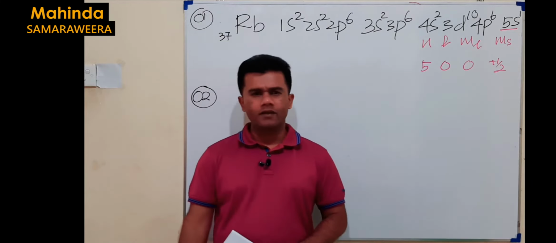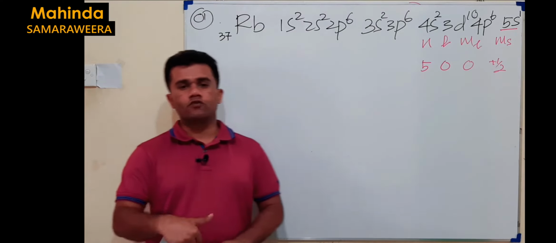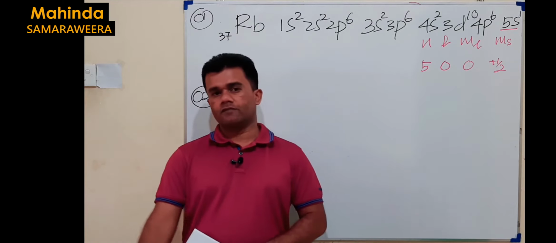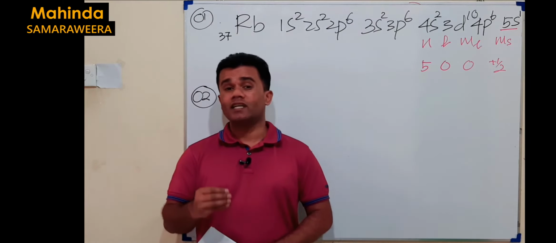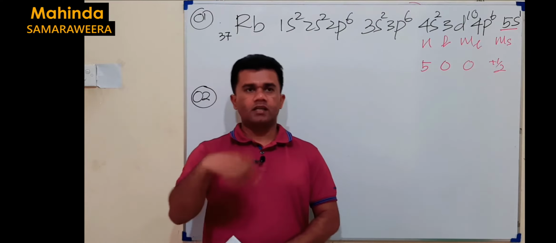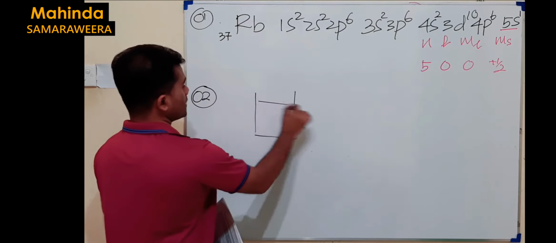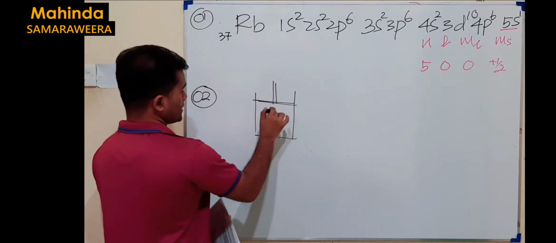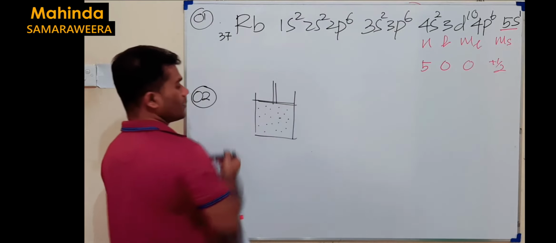You know, there is another word that's called effusion. This is diffusion, but there is another word, effusion. Effusion is the escape of gas molecules through a tiny hole. As an example, let's say this is where we have a gas. These are the gas molecules, confined in this area by a piston.